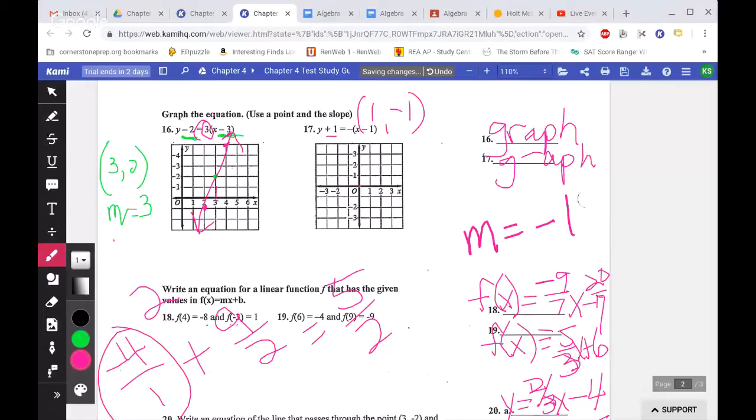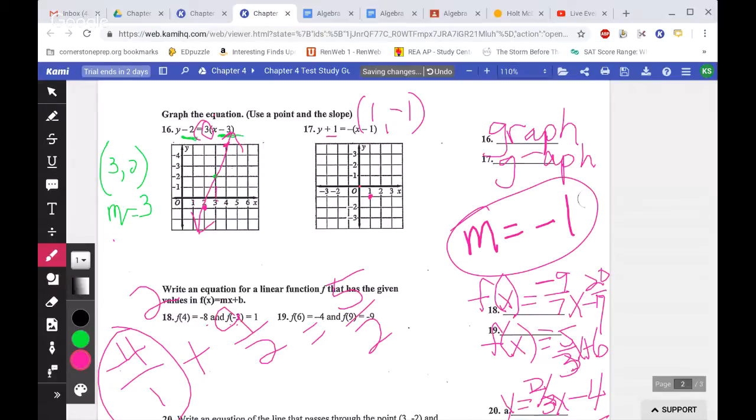Do you all see that? Because you pull out the opposite. In the original equation it's y minus y1, so if you have a plus, it means y minus a -1. So when you're pulling out, you pull out the opposite. So I go over 1, down 1 to plot my point. Now, what's my slope?